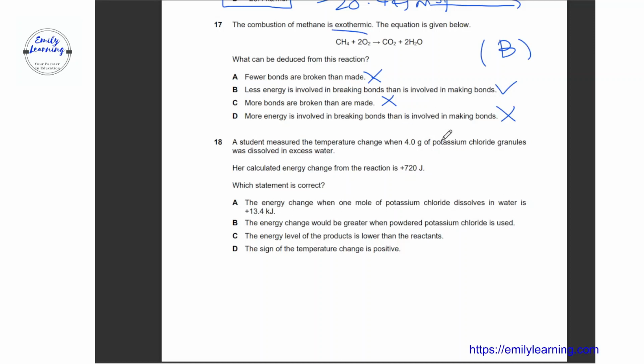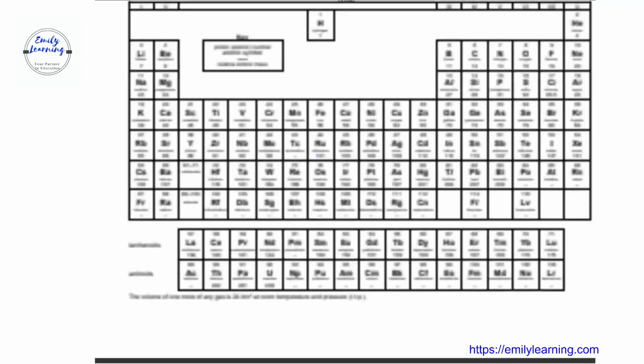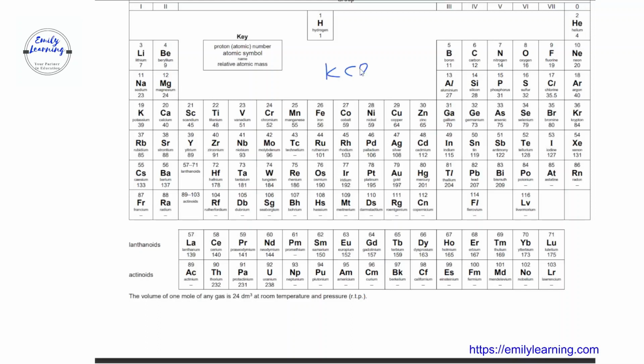So this is 4 grams, right? So we first need to find the number of moles. To find moles, you will take mass, which is 4, divide by Ar of potassium chloride. Potassium chloride is KCl. So 1 K has an Ar of 39. 1 Cl has an Ar of 35.5.